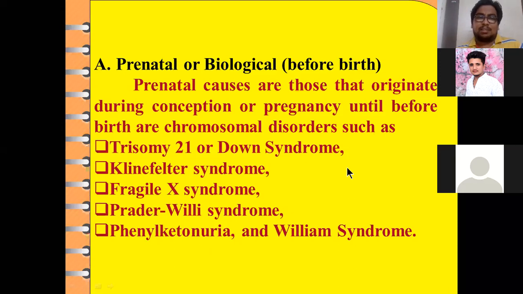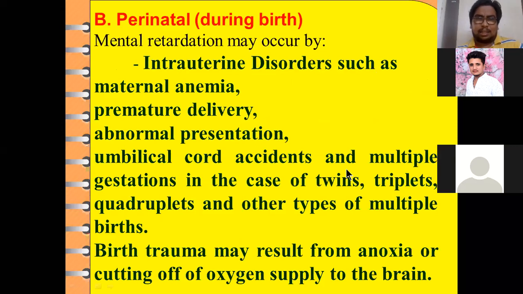The second one which you want to know is the perinatal cause, during birth. So during birth, intrauterine stage, there are some kinds of problems that can occur at the time of delivery. For example, birth injury can occur. That birth injury can cause mental retardation. Abnormal presentation.